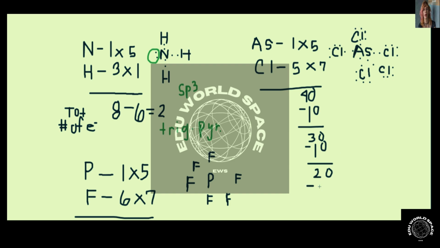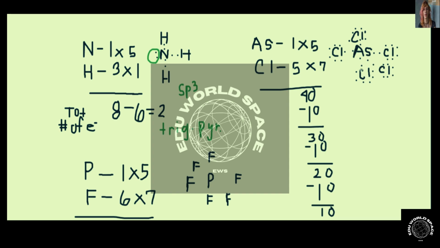So we used 10 again, and we have 10 more to distribute. Another 10. Now all the chlorines have a full octet of 8, and arsenic is happy.